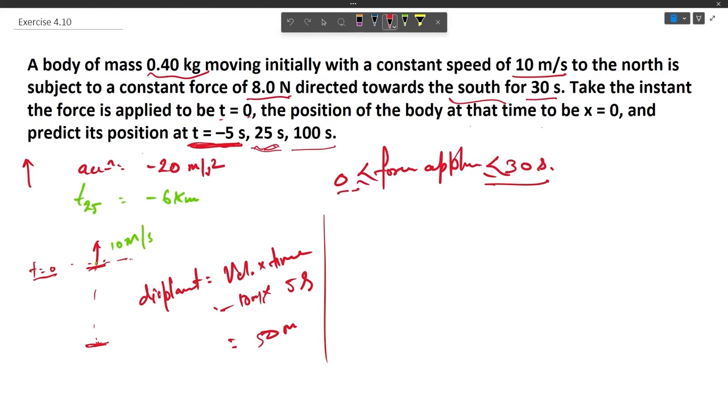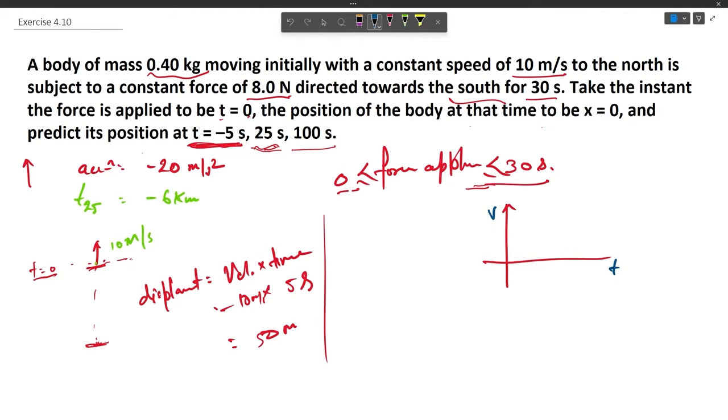We see that the constant acceleration is applied till 30 seconds only. So let us approach this with a graph. Initially, let it be a v-t graph.